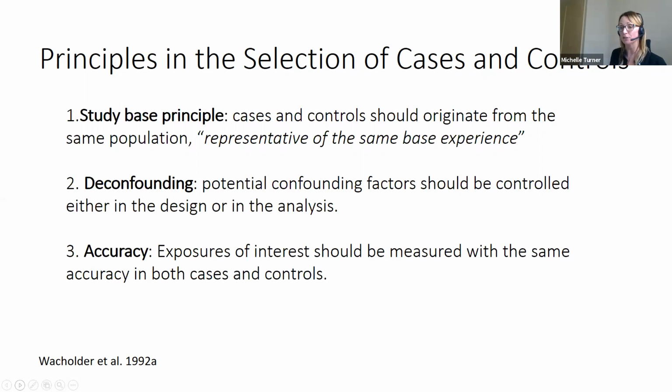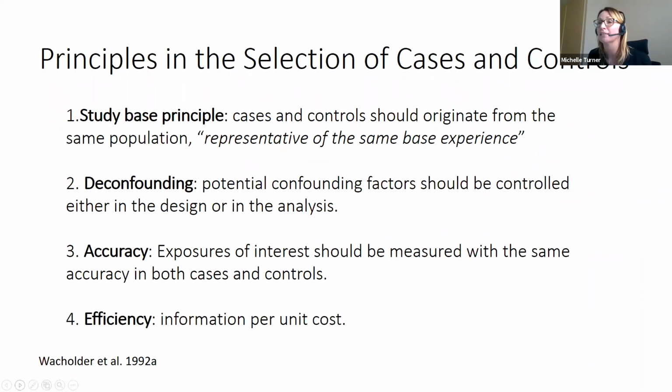We want to measure information on exposure with the same accuracy in cases and controls. These three principles are pointed out to help the researcher reduce selection bias, reduce confounding, and reduce information bias. And there's also the principle of efficiency, in terms of how much it costs the researcher for each unit of information that they collect.